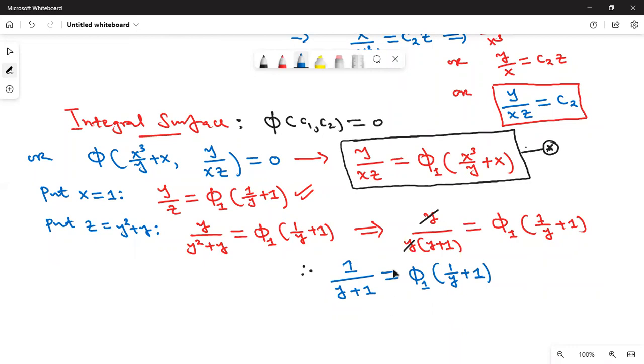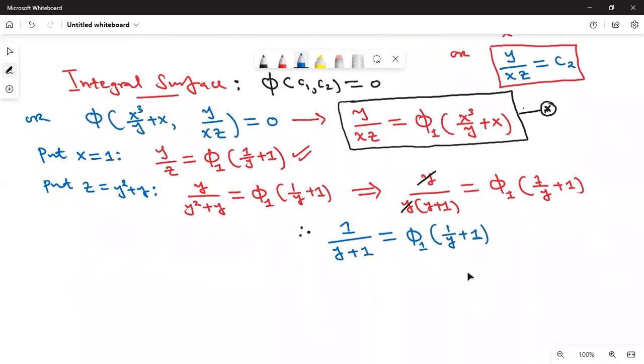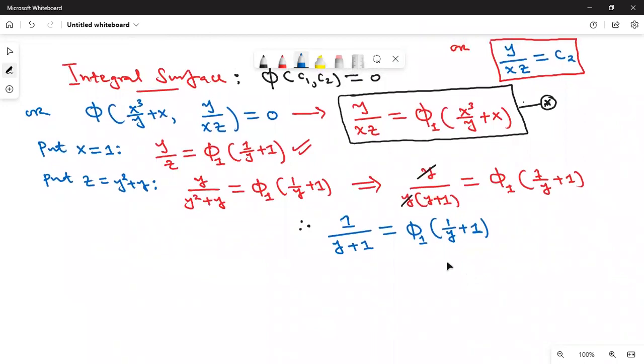Now, remember, our task is to find phi1 of X cubed over Y plus X. But here we know phi1 of 1 over Y plus 1. So I'm going to let this parameter be another variable, say W. You see this parameter where we have 1 over Y plus 1, let this be equal to W. So let W be equal to 1 over Y plus 1.